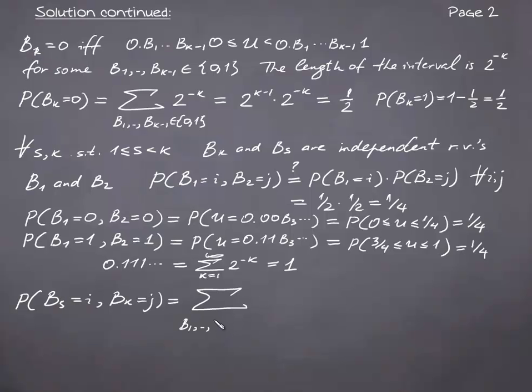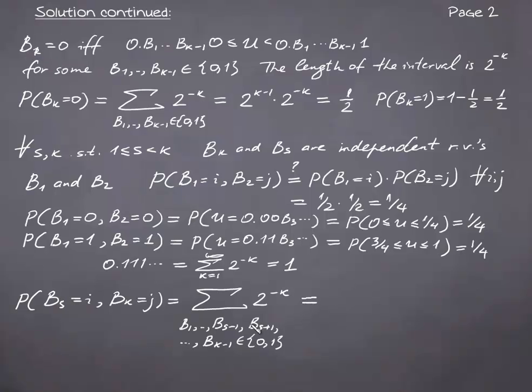So we have b1, and so on, bs minus 1, bs plus 1, and so on, bk minus 1. All these digits are selected from the set 0 and 1. When we fix this collection, we obtain some choices for the first k digits, and the other digits may vary. In this case, if you fix the first k digits, the probability of this selection will be 2 to the power minus k.